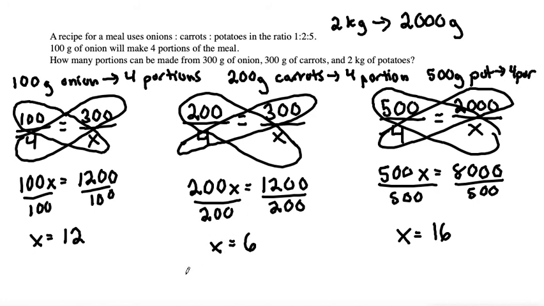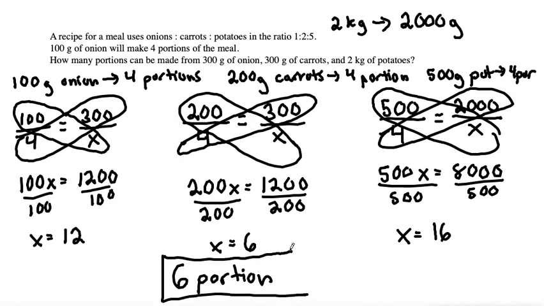So the amount of carrots would limit the number of total portions that we can make. We could only make the smallest number of portions that any one ingredient will allow us to use. So we would have to stop making the recipe after making 6 portions.